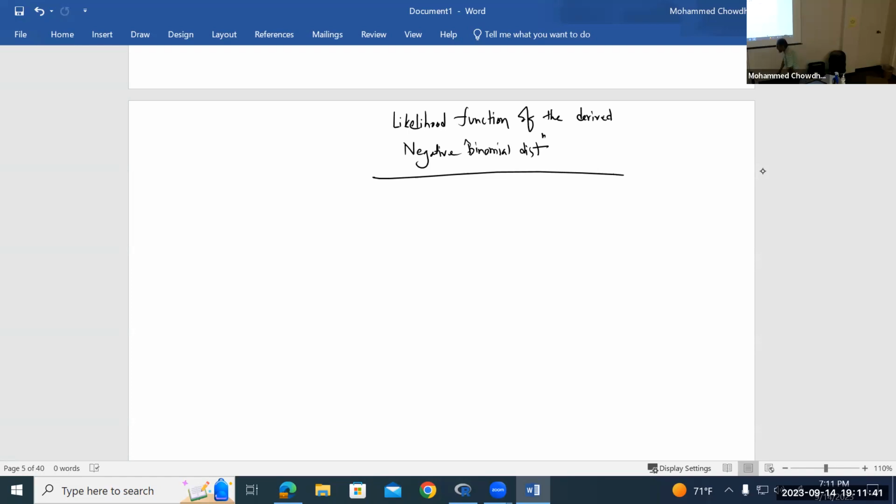Okay. So the likelihood function we can derive for only one observation, and after taking the log, if we take the summation from 1 to n, then it will be the likelihood function for all observations. If I take only one observation I and then sum it over after taking the log, that will be the likelihood function. After taking the likelihood function, we need to differentiate it first time and then second derivative, and then we have to use the Newton-Raphson method.